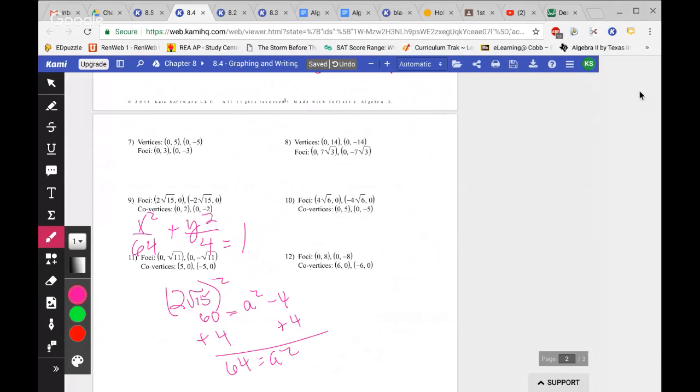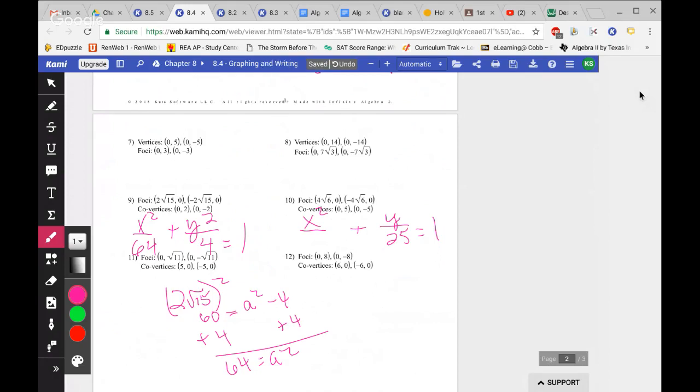So there is my formula: X squared over 64 plus y squared over 4. And so I would essentially do the same thing on this one. My covertices are in the y position. So that's going to give me 25 here.